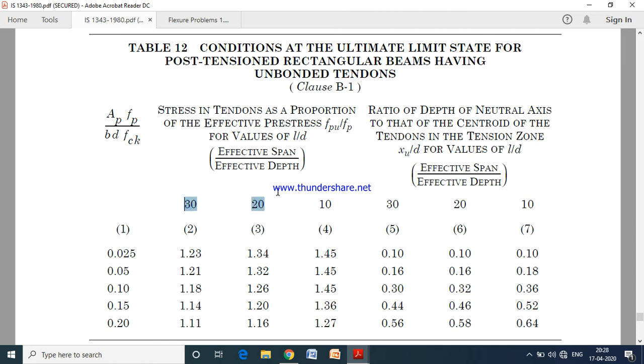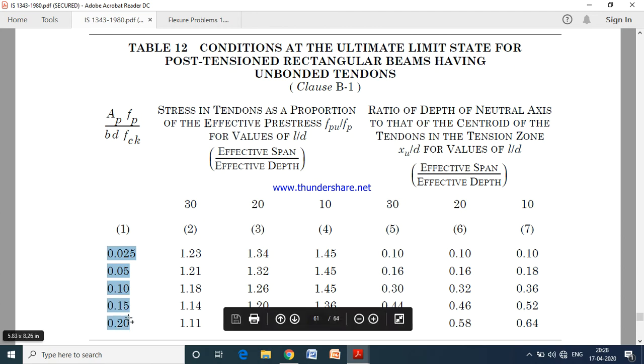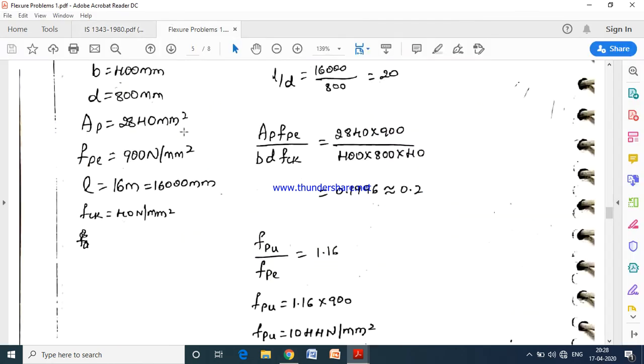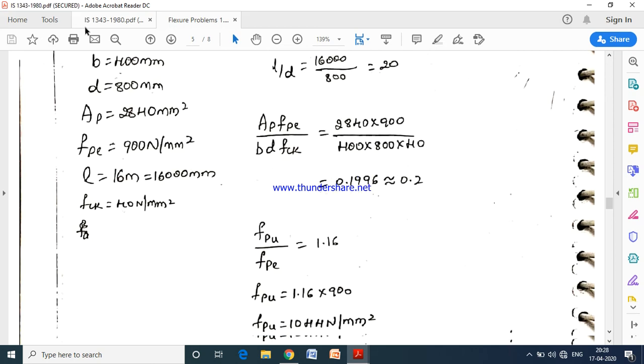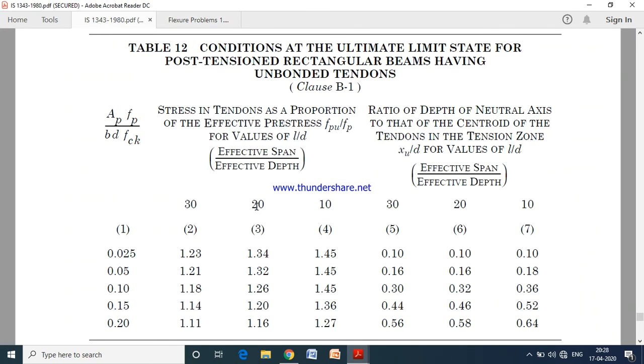These are the L by D ratios, and these are the Ap fp by b d fck values. So here you have Ap fp by b d fck as 0.2, and L by D ratio 20.